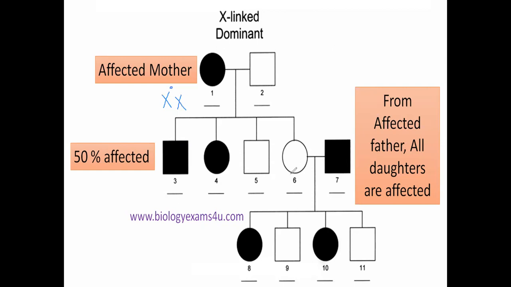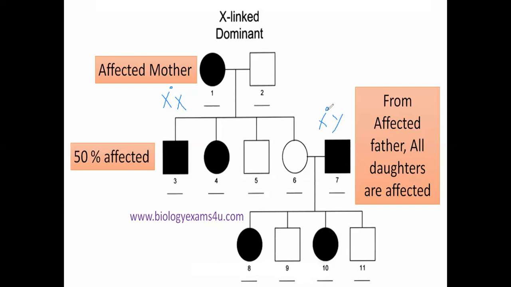Then you can see here in the second generation, the female at number 6 is married to the male at number 7. The male is affected, and if the male is affected with the disorder, it means he carries 1 X along with the Y. As this is an X-linked dominant trait, the allele for the disease is present on the X chromosome of the male.